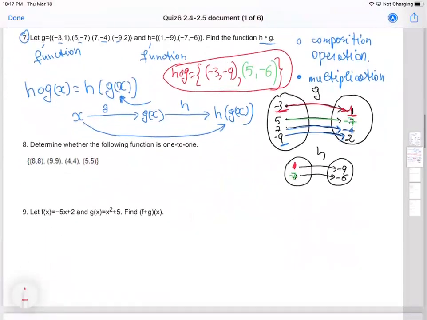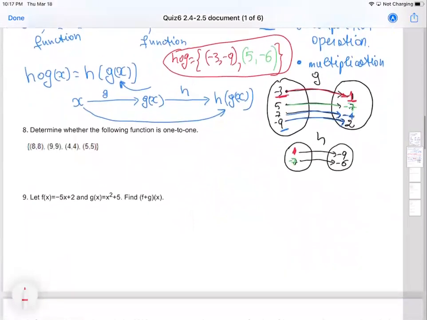Number 8, determine whether the following function is 1-to-1. Remember, 1-to-1 means only one output for each input, and also that output will be unique. So we're looking here at each of the ordered pairs.